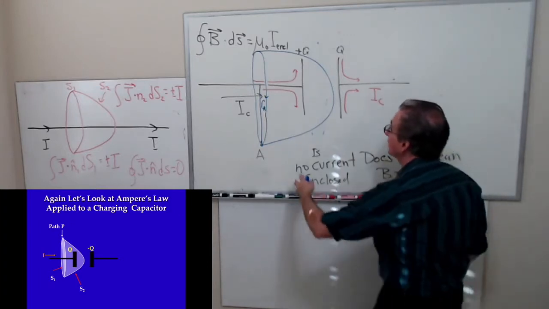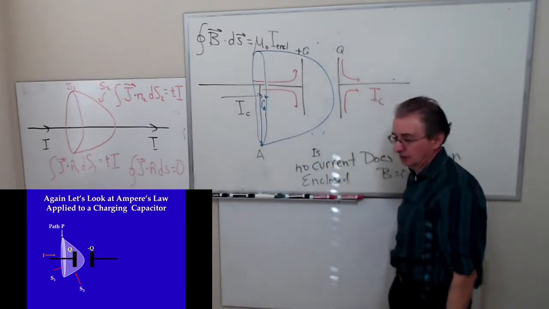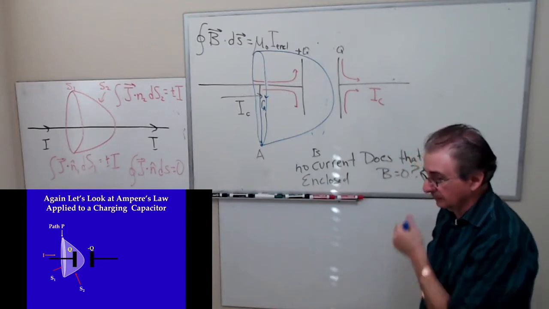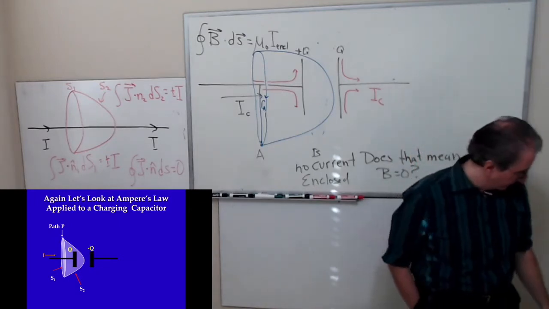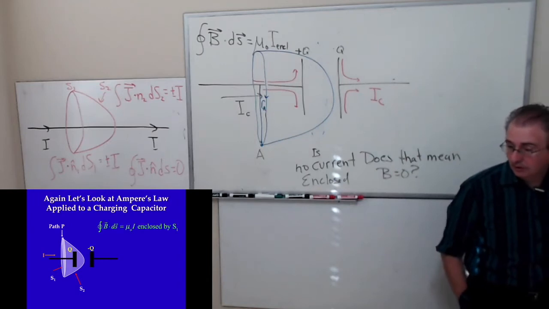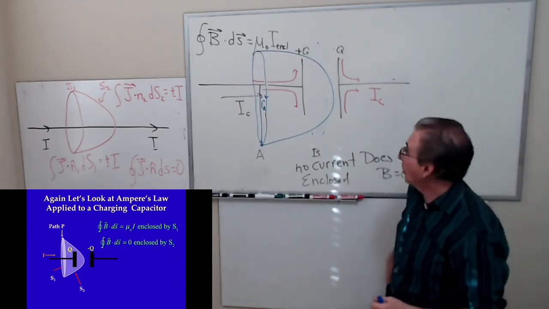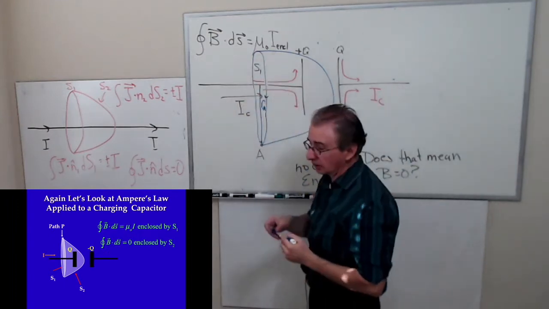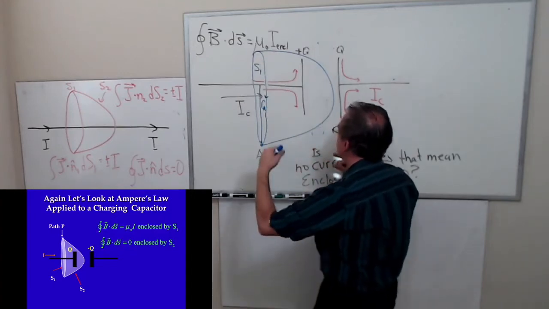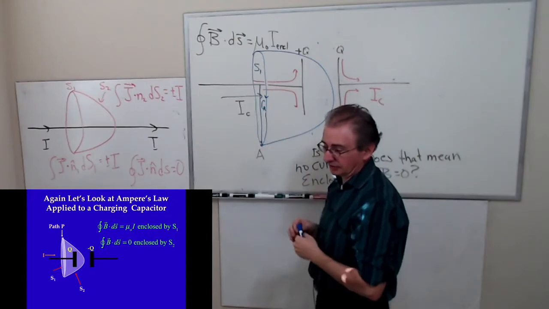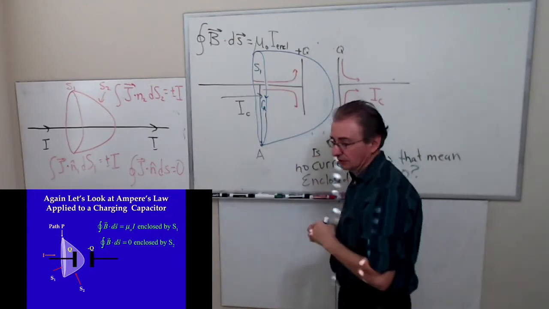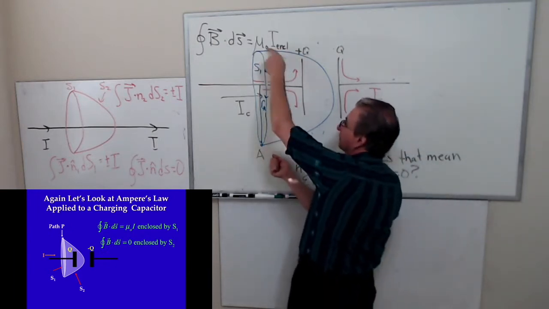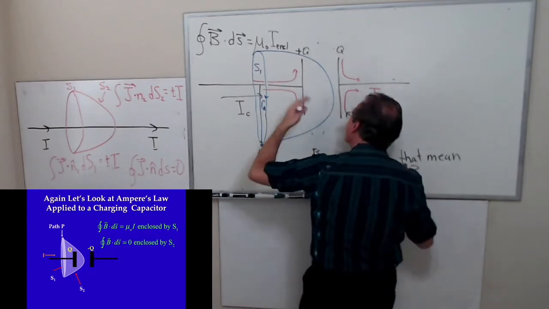And that's because inside the closed surface I have a source of charge. So through surface 1, which is this one, I get the integral of B dot ds as mu naught I enclosed, but through surface 2, since there's no current penetrating this outer surface, you can imagine if I took a hat and put it over here, and we're talking about the surface of the hat, no current goes through that surface.